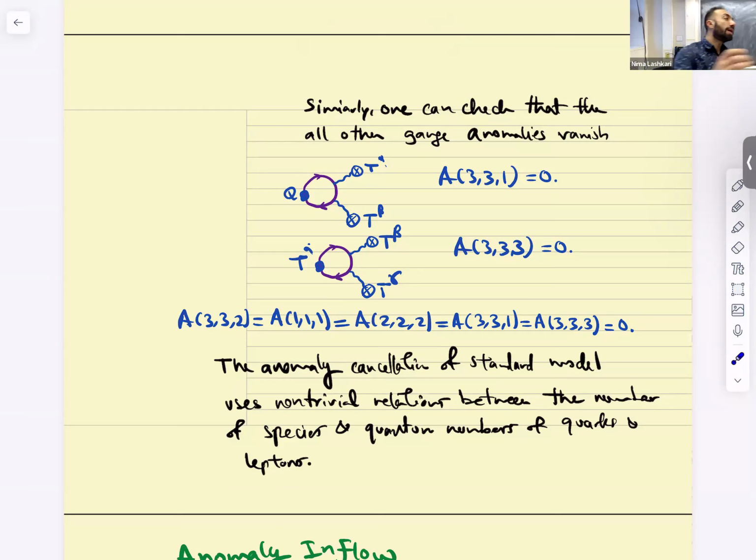Well, okay, when you compute a global anomaly, what you're learning is, remember the Wigner theorem. If you have a global symmetry, it's represented on the Hilbert space as a unitary or an anti-unitary.